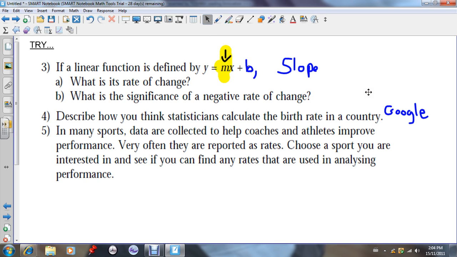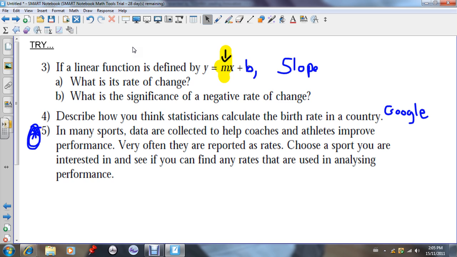Number 5 says, many sports data are collected to help coaches and athletes improve performance. Very often they are reported as rates. Choose a sport you are interested in and see if you can find any rates that are used in analyzing performance. Because there's only a small group of you, agree on a sport. I bet you George and Patrick, volleyball, and Kendra.